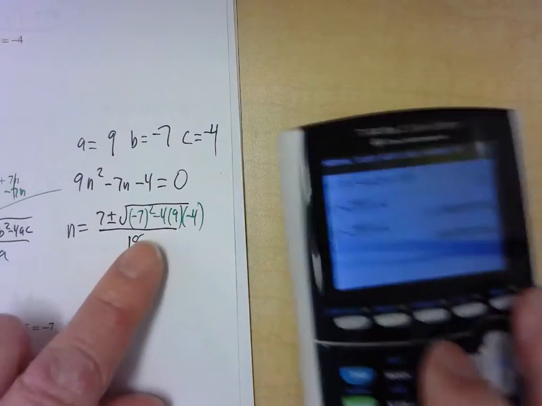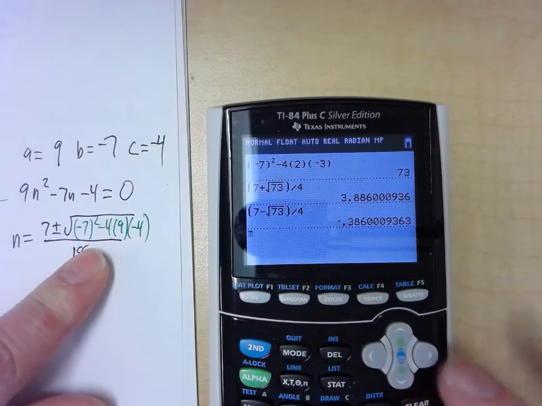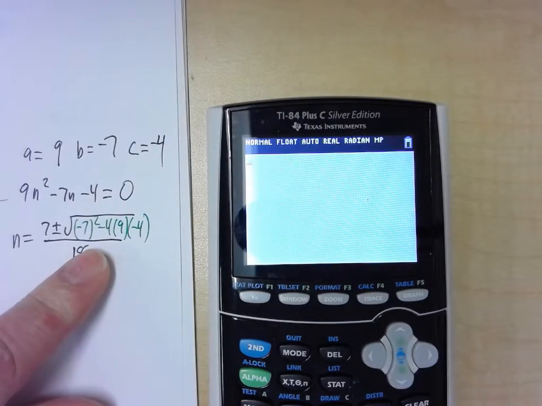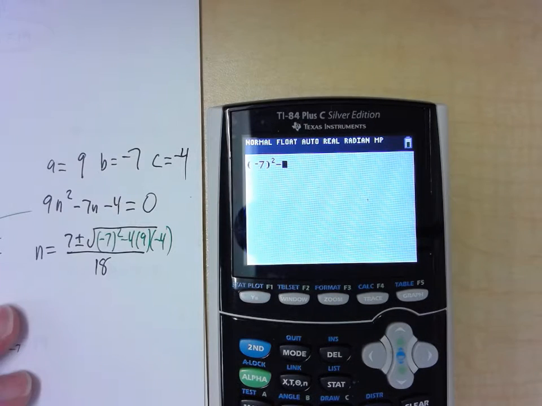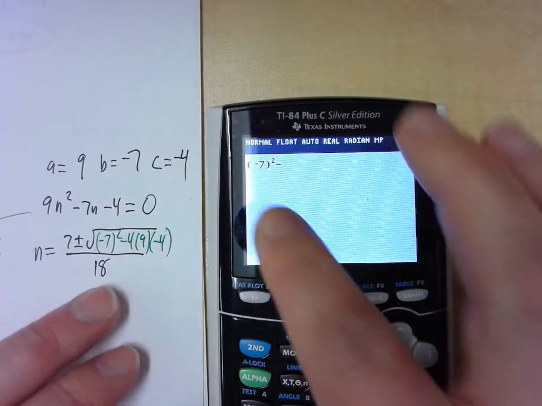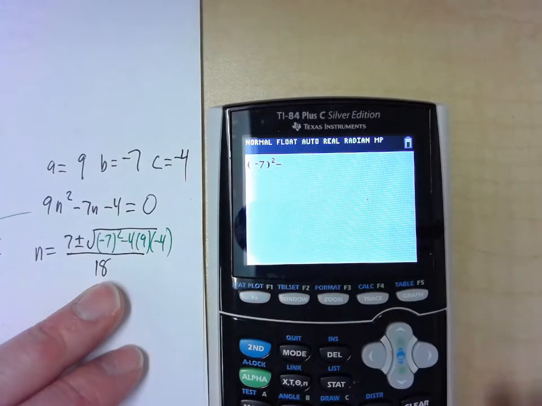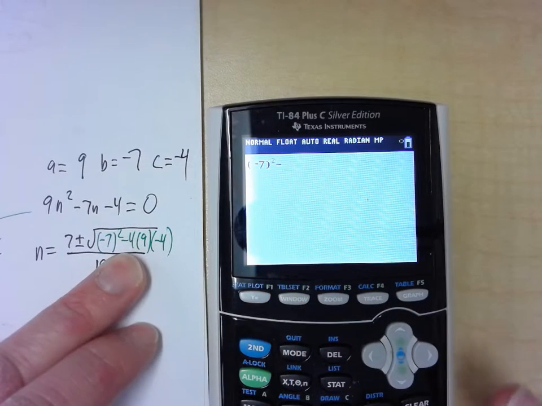All right, so I'm typing that discriminant part into the calculator, and I get -7 in parentheses, squared, minus 4, and then the a, which is 9, and then the c, which is -4.